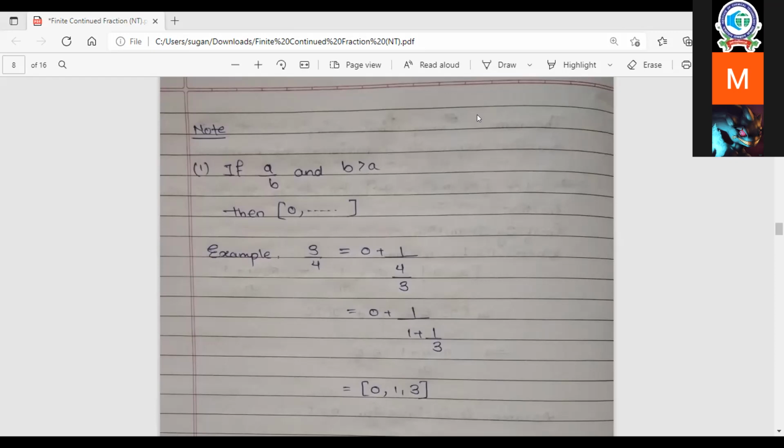What have you proved until now? You proved that if I take a rational number, then by the Euclidean algorithm, it takes the form of a continued fraction.